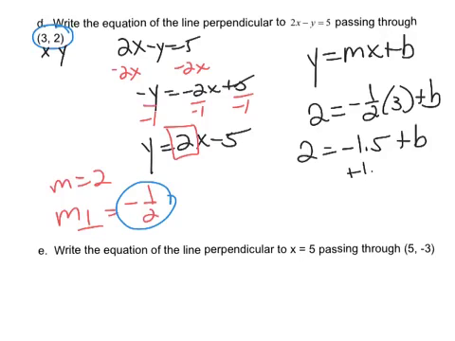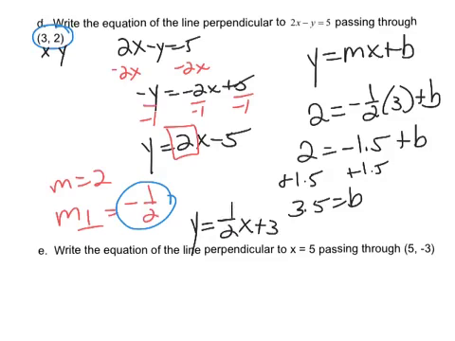If I add 1.5 to both sides, I get 3.5, and that's equal to b, so my final answer is y is equal to negative 1/2 x plus 3.5. That's how you steal the slope and get the perpendicular slope and write a line equation.